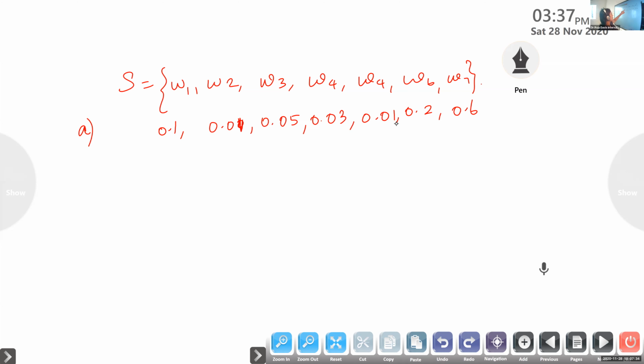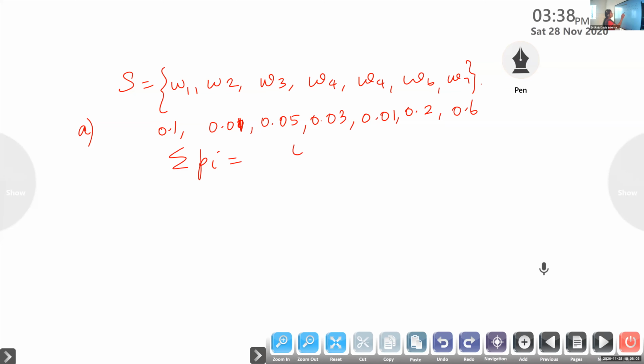If you take any event, the probability of an event lies between 0 and 1. Is it lying there? Yes. What about the sum of probabilities? What is sigma p of i? Is it 1? Check that. If it is satisfied, then it is valid. Otherwise, it is not valid.